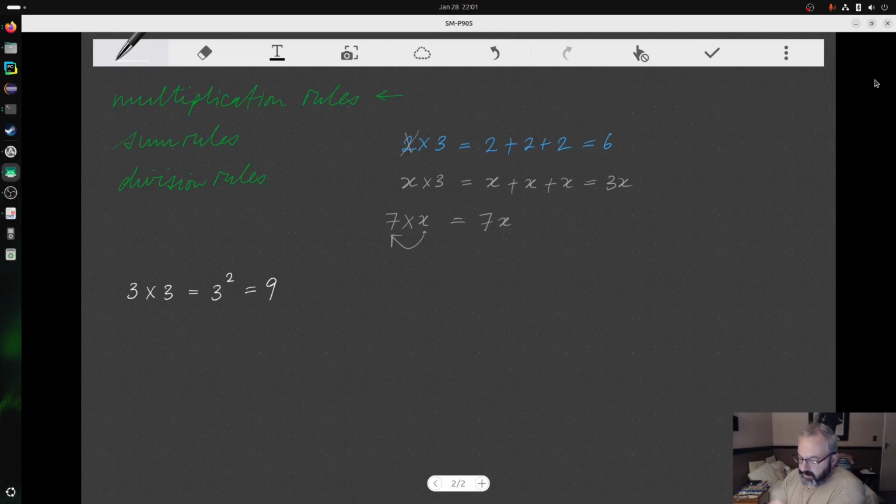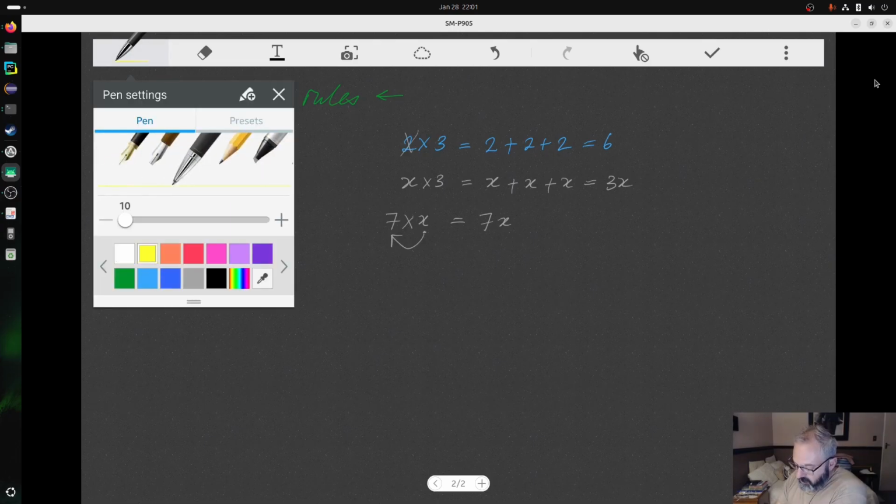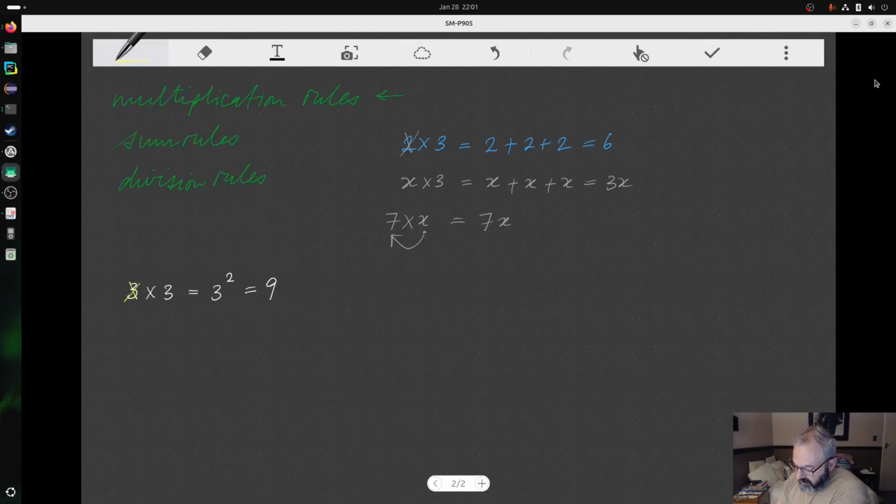So now let's assume that I forgot they should have been 3's. I forget that, and I don't know which numbers to use, so I'm going to use placeholders, I'm going to use letters. I'm going to use an unknown variable, and I'm going to choose an x. But now here's the thing.